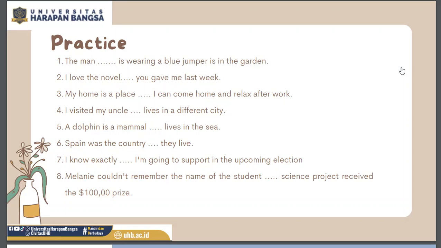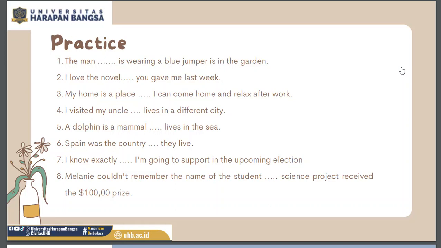My home is a place blank I can come home and relax after work. I visited my uncle blank lives in a different city. A dolphin is a mammal blank lives in the sea. Spain was the country blank they live. I know exactly blank I'm going to support in the upcoming election.